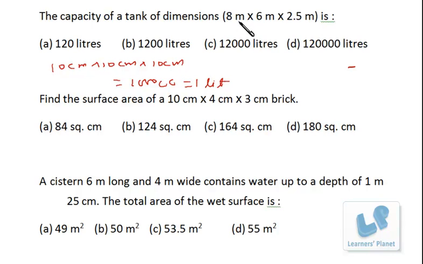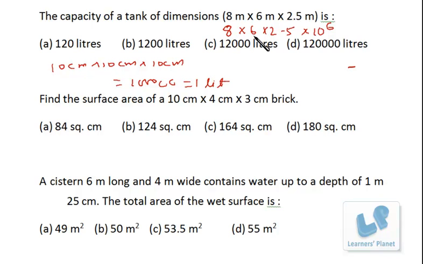So first of all, let's convert meters into centimeters. So it's 8 into 6 into 2.5 into 10 raised to power 6. That is 2 zeros from here, 2 zeros from here, and 2 zeros from here. Now this is the conversion of this volume, which was in meter cube, now it is in centimeter cube, right?